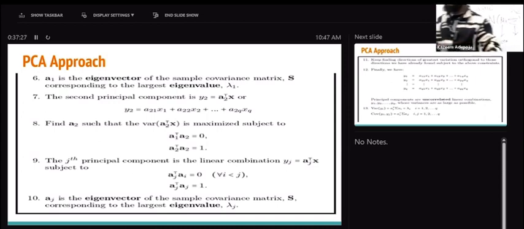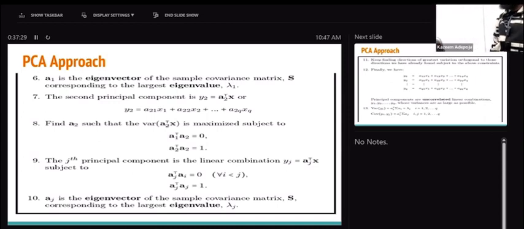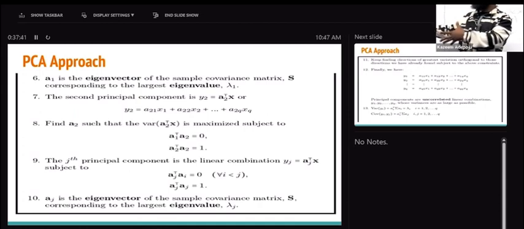And how do I know? I will know from the value of the eigenvalue. The eigenvalue is the variance of each principal component. Now, if I look at the eigenvalue, then I'm going to choose an eigenvector that corresponds to the largest eigenvalue, the largest variance.